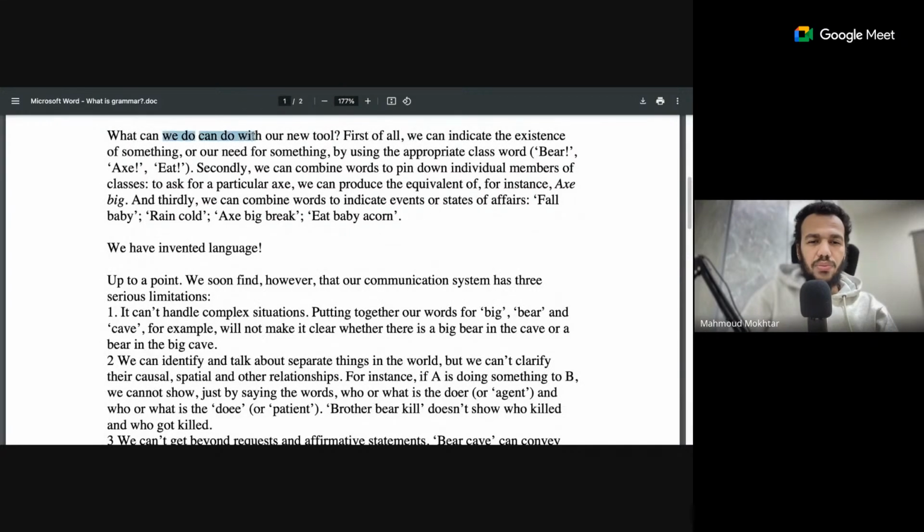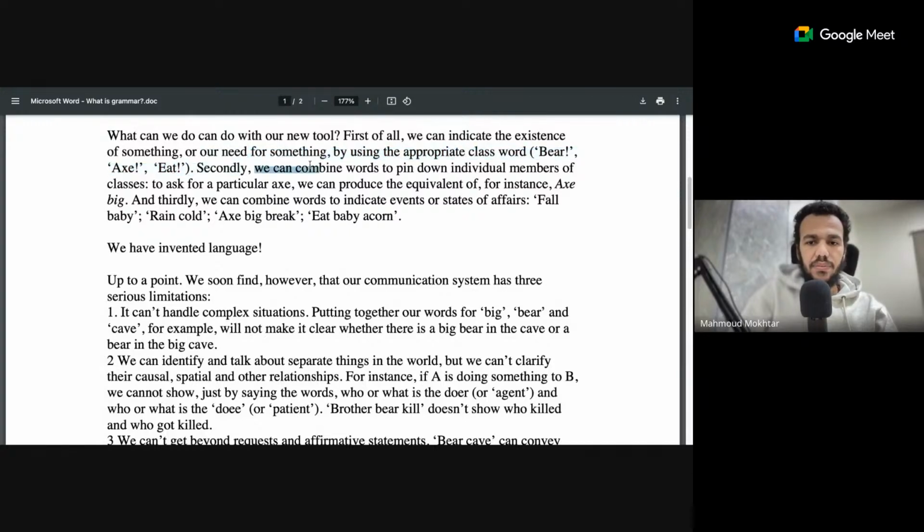What can we do with our new tool? First of all, we can indicate the existence of something or our need for something by using the appropriate class word: bear, axe, eat.